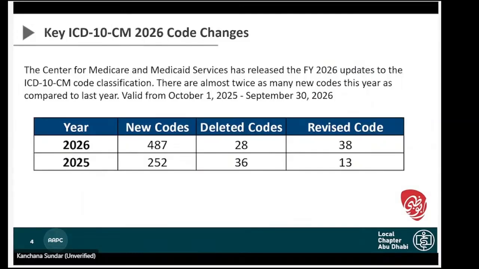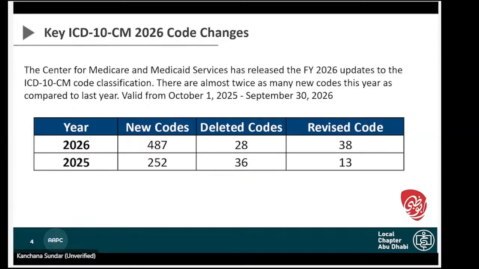So the Centers for Medicare and Medicaid Services, that is CMS, have released the 2026 updates, which are valid from October 1st, 2025 to September 30, 2026. You can see that there is a huge number of new codes added this year compared to 2025. In 2025, it was 252 codes, whereas 487 codes have been newly added in 2026.